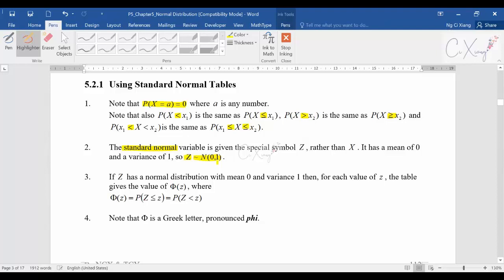Okay, all right. Then when you go through our syllabus later, or maybe some marking schemes, you will always see this symbol called phi. So phi of z means the probability that z is smaller than the value z.